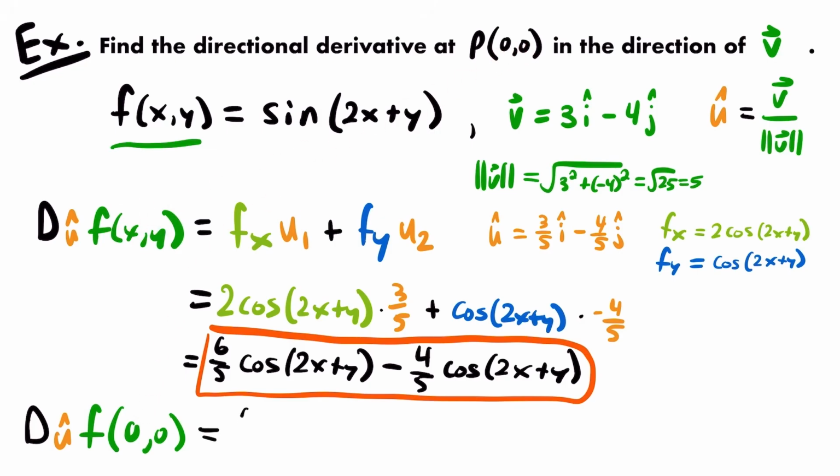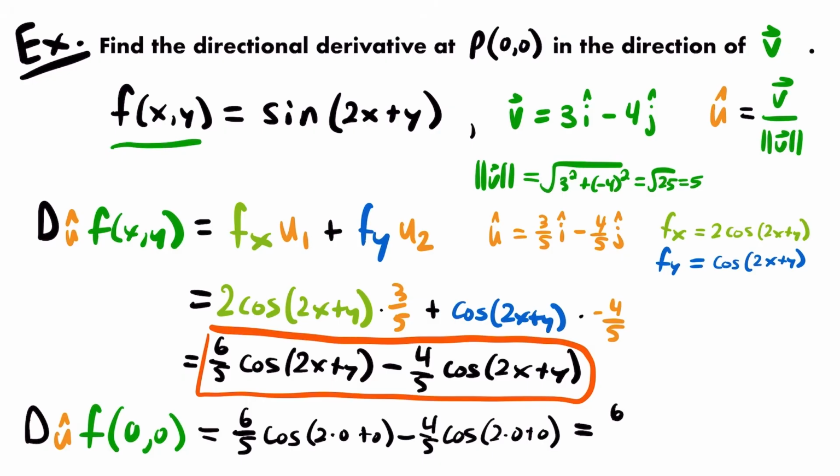That is equal to 6/5 times cosine of 2 times 0 plus 0 minus 4/5 times cosine of 2 times 0 plus 0. So for both of these two cosine functions, we have cosine of 0, which is 1. All right, so we have 1 times 6/5 and 1 times negative 4/5.